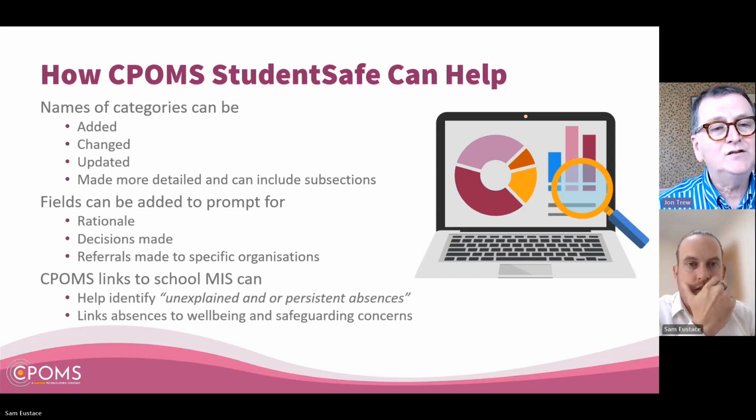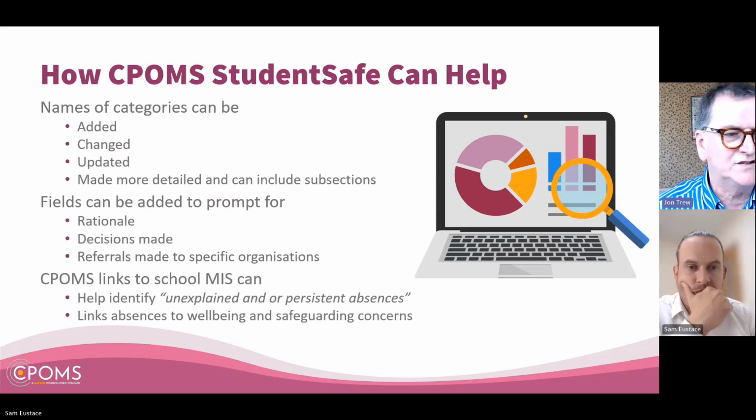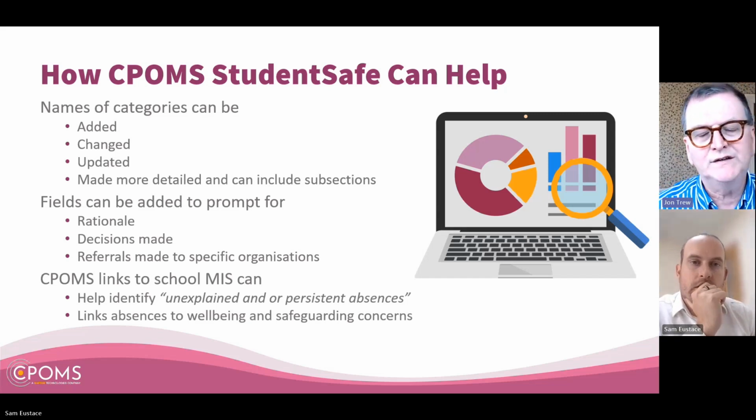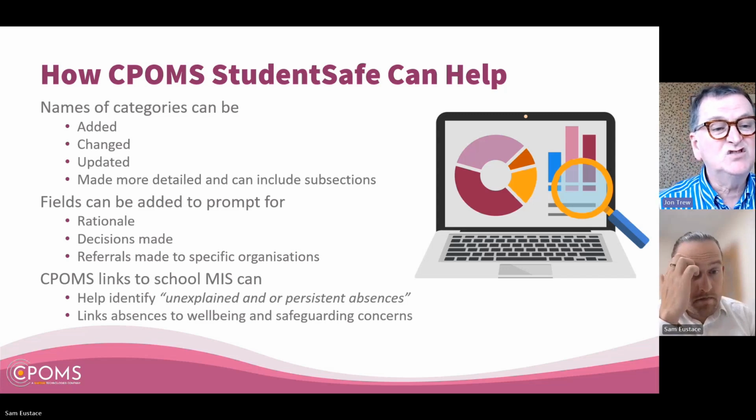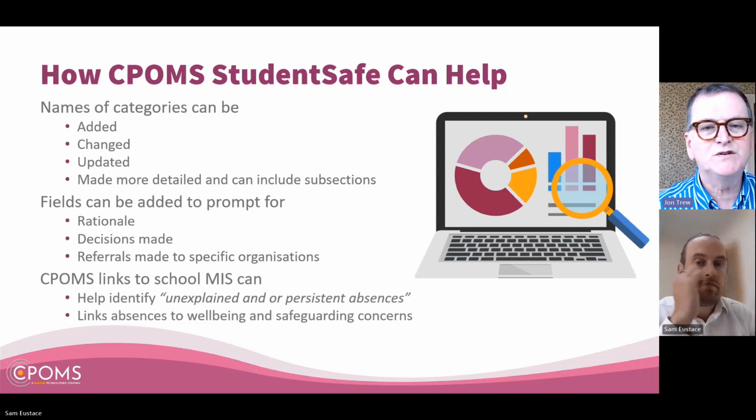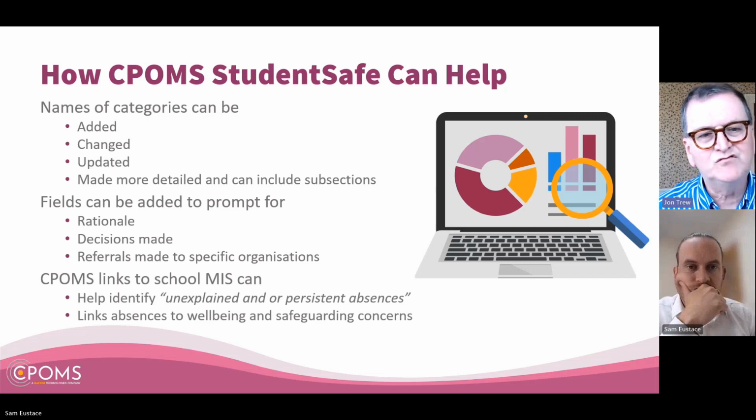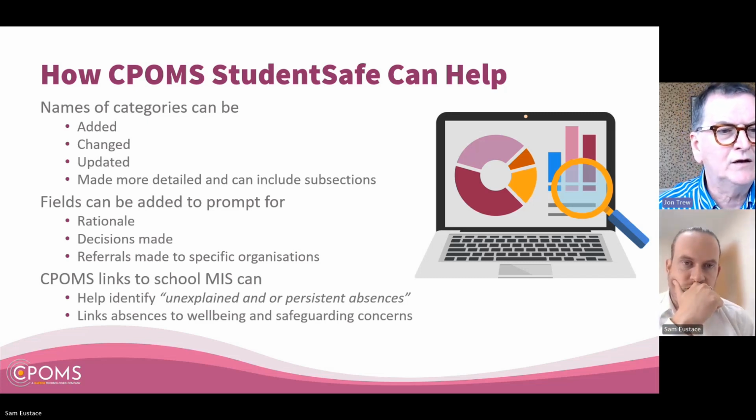We can also add fields to prompt for the rationale when decisions are made, why we decided to make a referral, why we decided not to make a referral. We can add fields to prompt us to make decisions or to record what decisions were made, and also to record referrals made to specific organisations, which is really great when it comes to reporting to your Board of Governors.